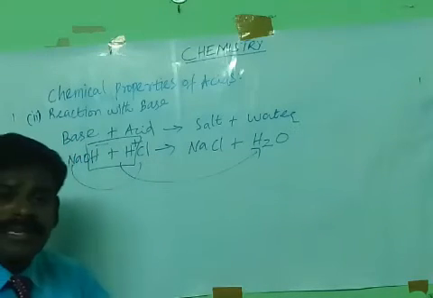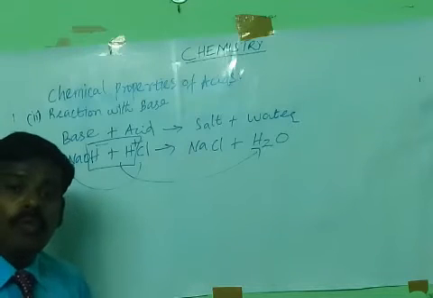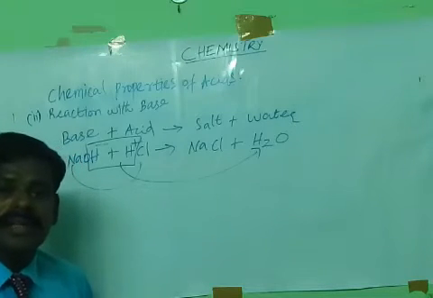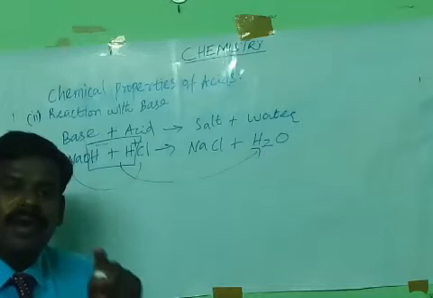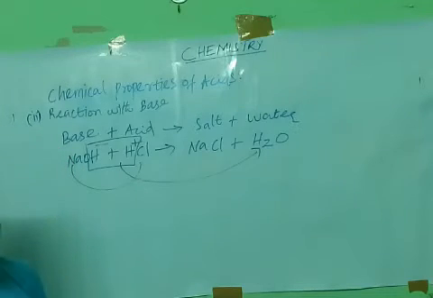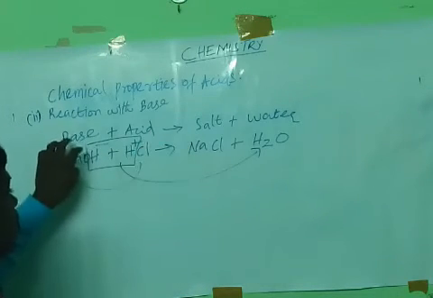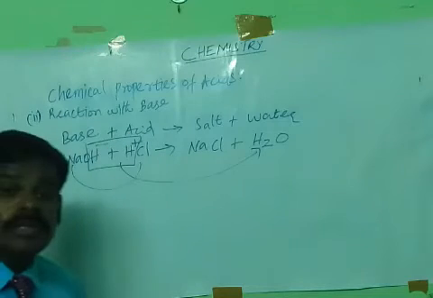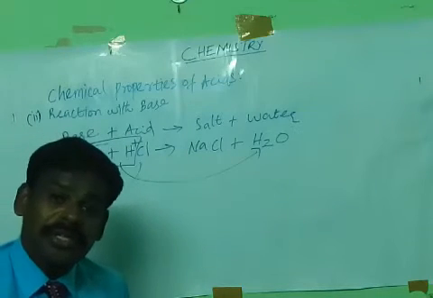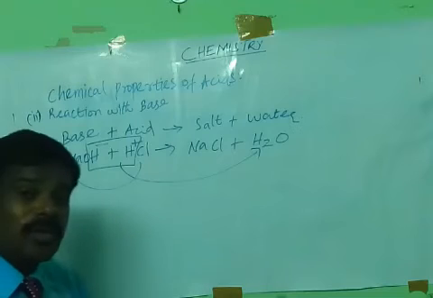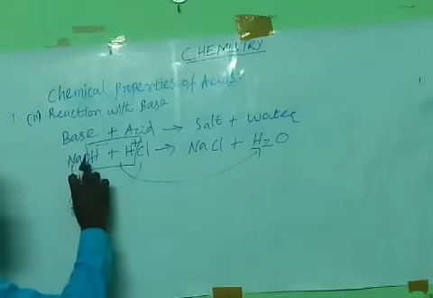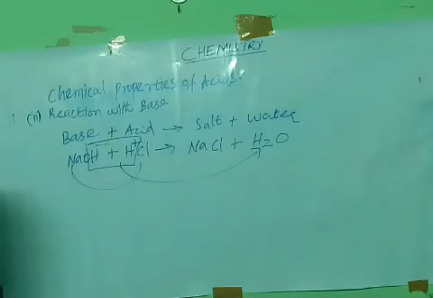This question may be asked in a different way. You may be asked to write ionic equation for neutralization reaction. This reaction with base and acid is also known as neutralization reactions. So what is neutralizing? Base is neutralizing the acidic character.